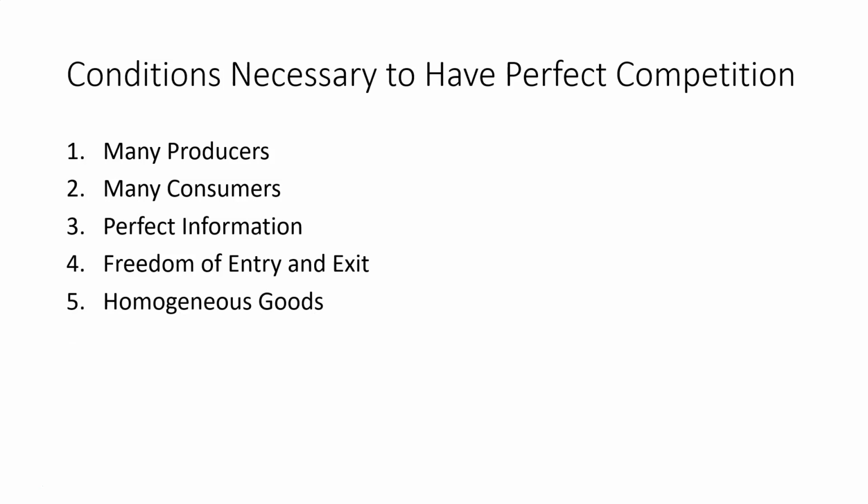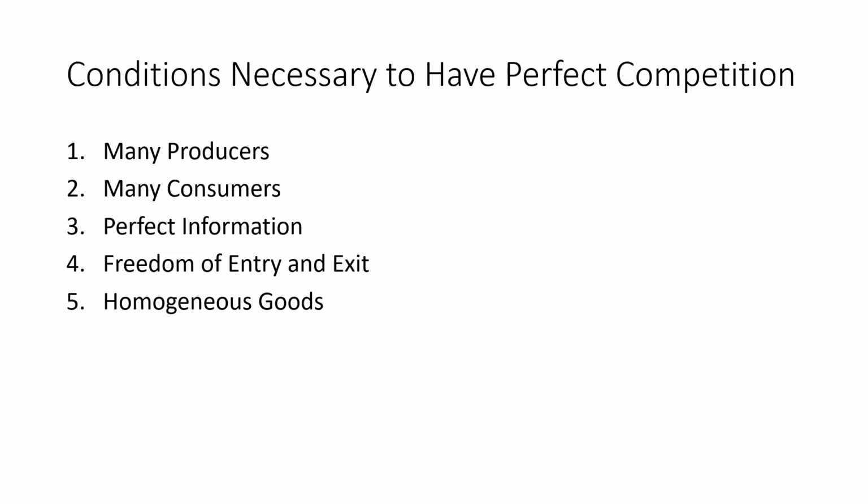The fifth characteristic is homogeneous goods. By homogeneous goods, we mean that the goods produced by different producers are identical, or whatever differences there are in them is so minute that for consumers, any difference doesn't matter. So when you go into the market to buy bottled water, if you look at all of the different brands of bottled water, how do you choose which one to purchase?